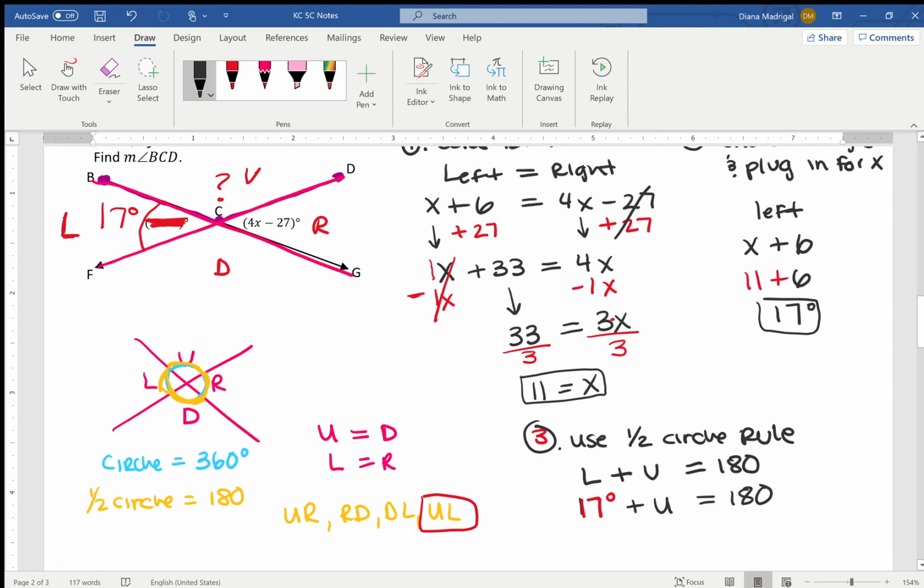So what am I going to do? I'm going to subtract 17 from both sides. And the upper angle is, again, that's your final answer because that was your question. 180 minus 17 is going to give me 163. This right here is your final answer: 163.